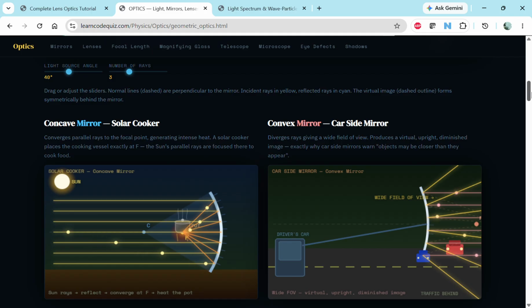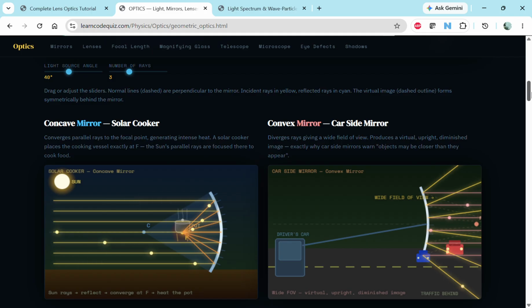For example, you may have seen solar cookers, a big dish-like reflector, and at the center of it, you have a cooker, and sun rays fall and then it gets cooked, right?